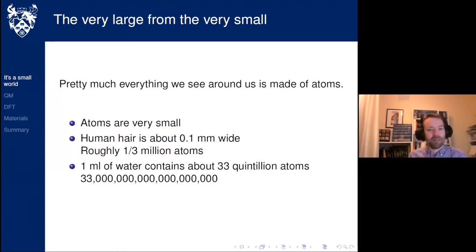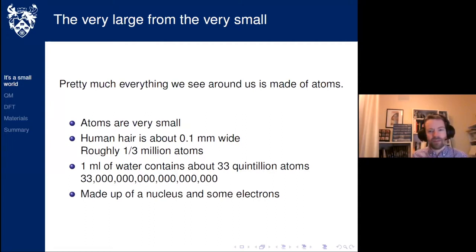And you might think about a 3D case, not just the width of a hair. How many atoms are in a small amount of water? I've said here a milliliter. Well, it's about 33 quintillion atoms in a milliliter. So it's really quite a lot.